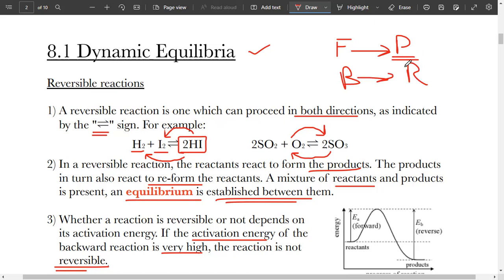So forming the products is your forward or right reaction, या फिर आपका backward or reverse reaction reactants को produce करता है. And obviously in a reversible reaction, when both of them are in equal quantities, the reactants and products, वो आपको क्या होता है? An equilibrium is then established between them.